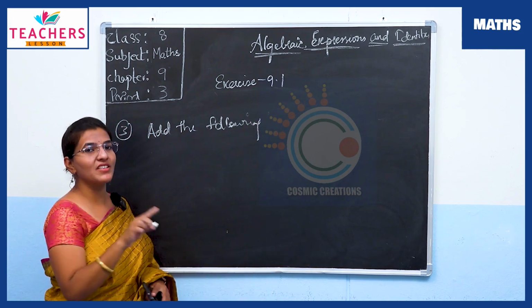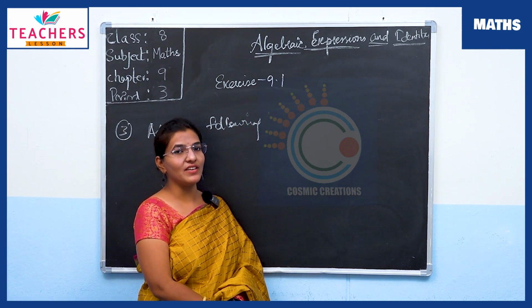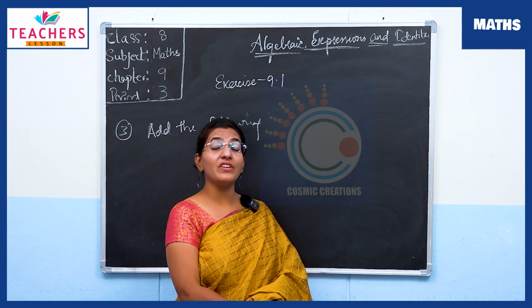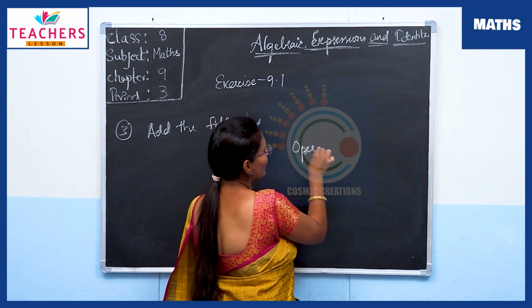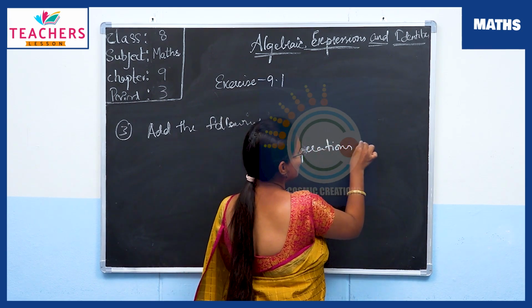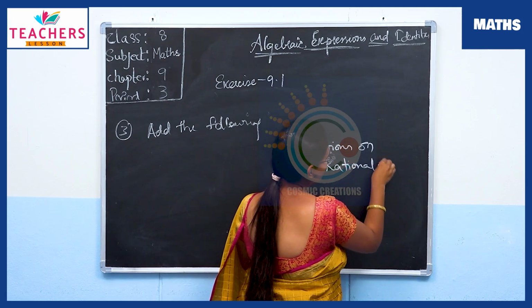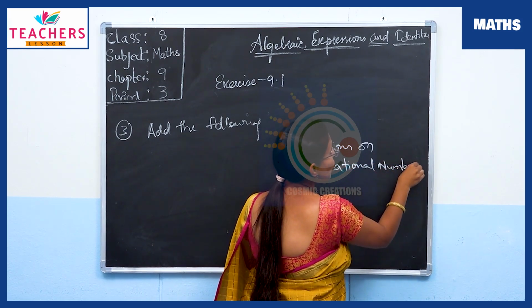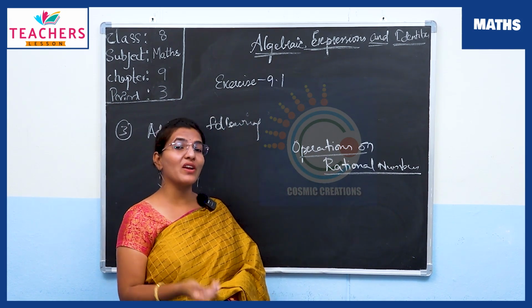So, before doing this question, let us recap what we learned yesterday. Yesterday we learned operations on, yes, how many of you remember what we have learned? Operations on rational numbers, isn't it? So, what are the basic operations we have? Yes, there are 4 operations. What are they?